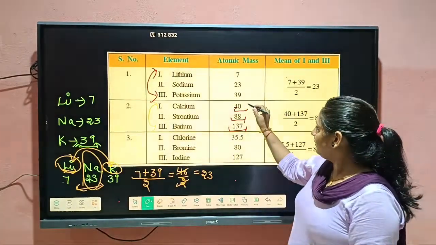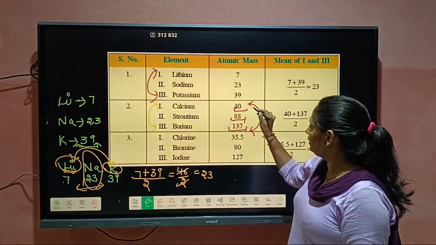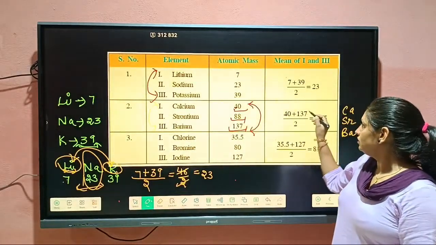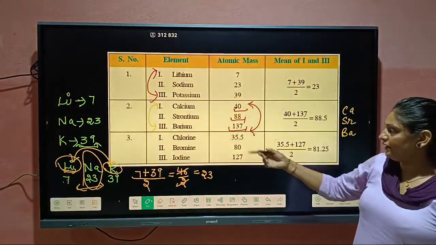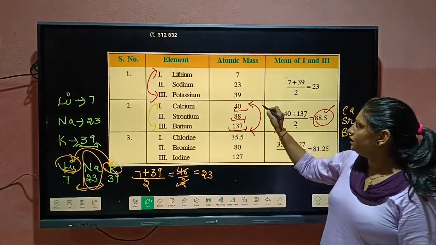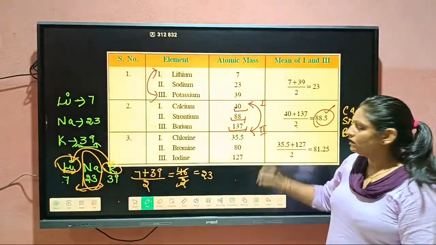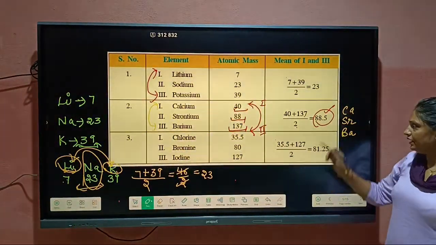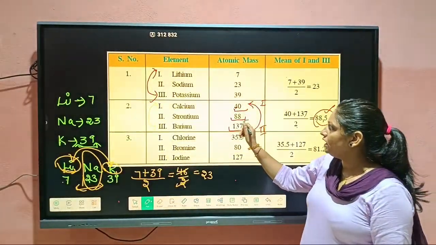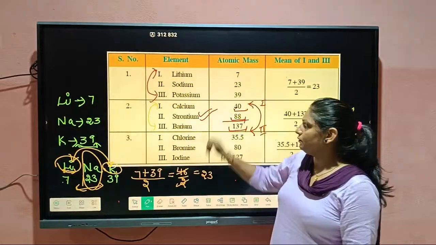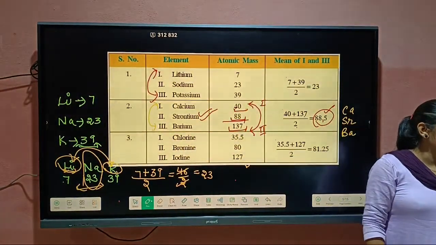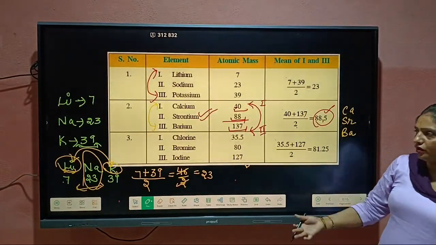So we calculate the mean of the first and third element: 40 plus 137 divided by 2. This is the arithmetic mean of the first and third element, and it is 88.5, which is nearly equal to the mass of the middle element, the mass of strontium. Is it clear to you or not? Okay, you can take one more example.